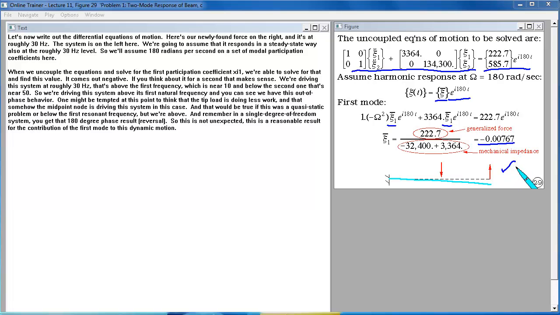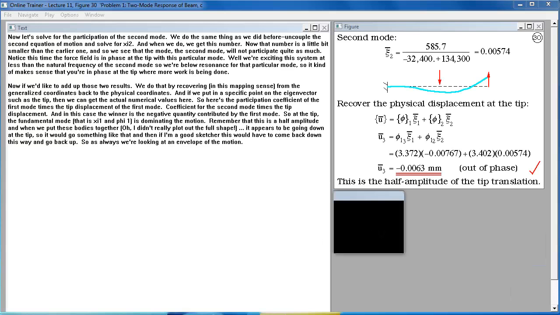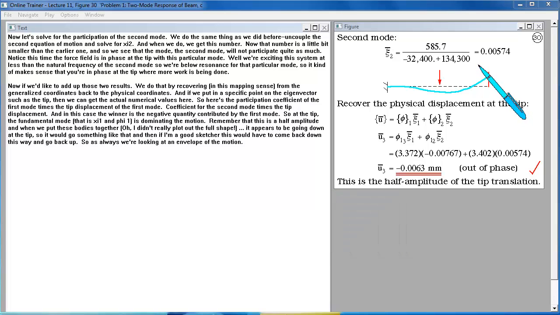This is a reasonable result for the contribution of the first mode to this dynamic motion. Now let's solve for the participation of the second mode. We do the same thing as we did before, uncouple the second equation of motion and solve for C2. And when we do, we get this number.